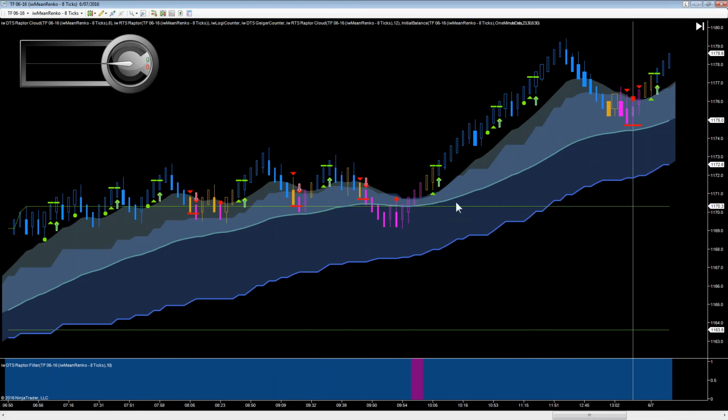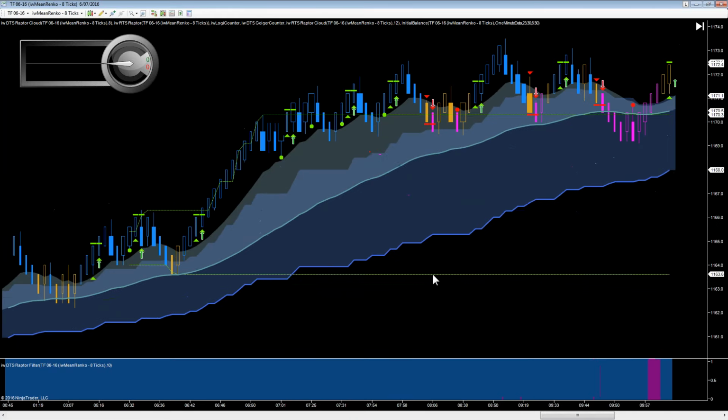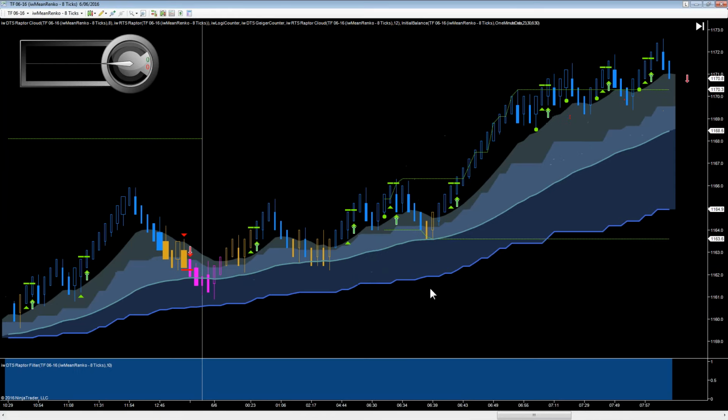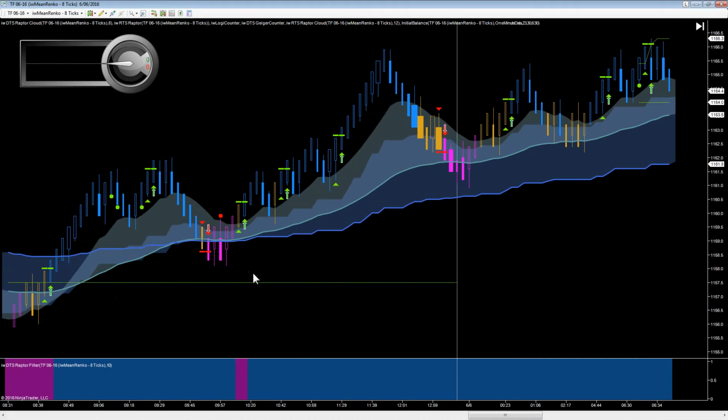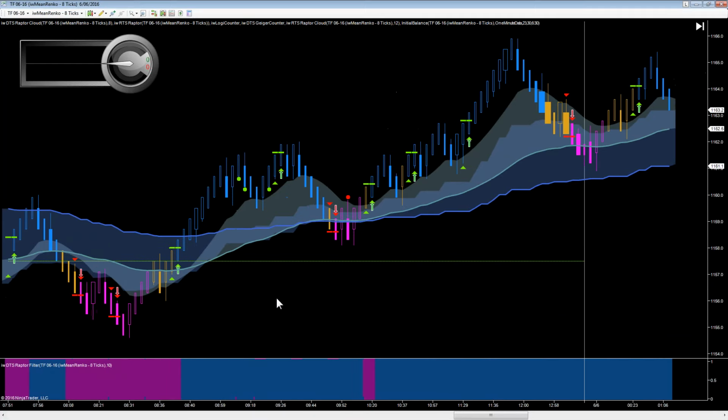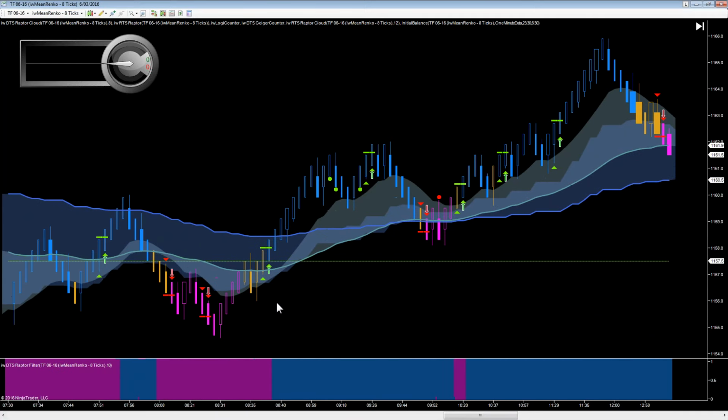Another hard edge bounce. This is why the Raptor has two bands, by the way. You have two hard edges to monitor. So, a plethora of signals coming here from the Raptor. Another nice hard edge bounce. Another hard edge bounce. You wouldn't have been bored trading the Russell yesterday, that's for sure.